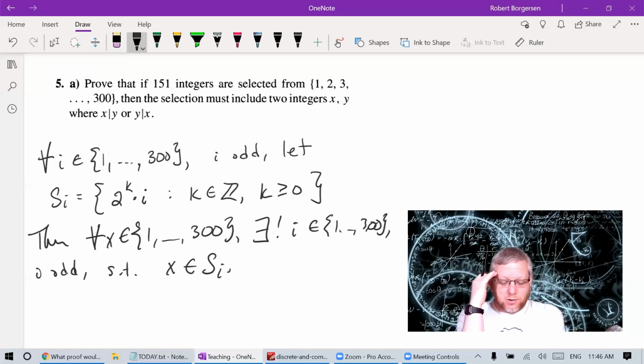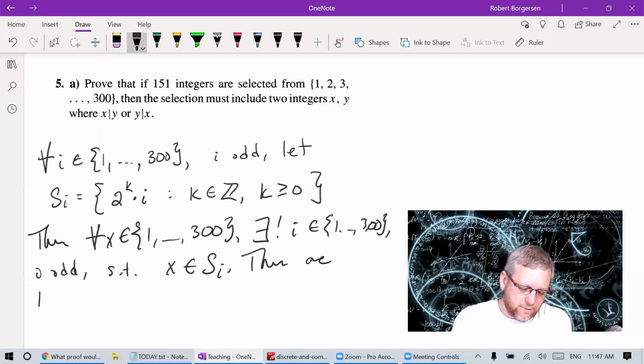Okay, so how many SIs are there? Well, 1 to 300, there's 150 odd numbers. Yeah, there are 150 different such sets.